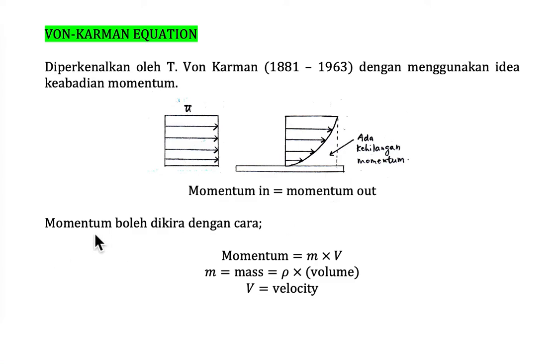So the momentum can be calculated by multiplying the value of mass and velocity. Mass can be calculated by multiplying rho and volume. It's already discussed in a previous video.